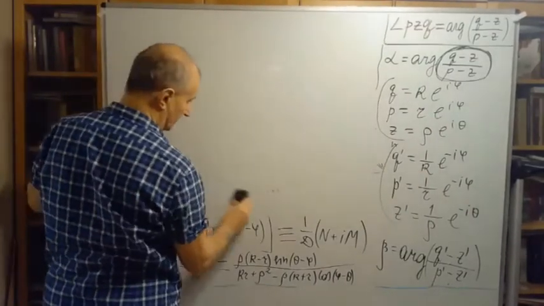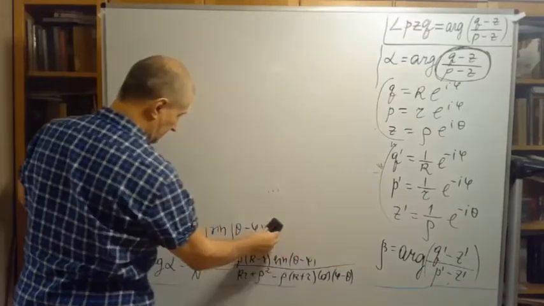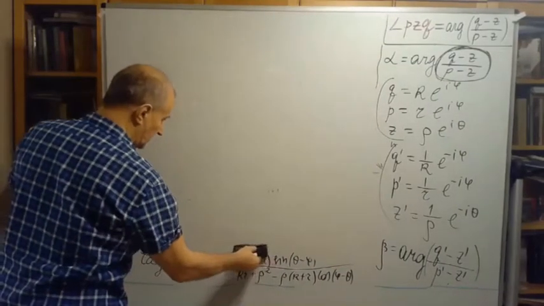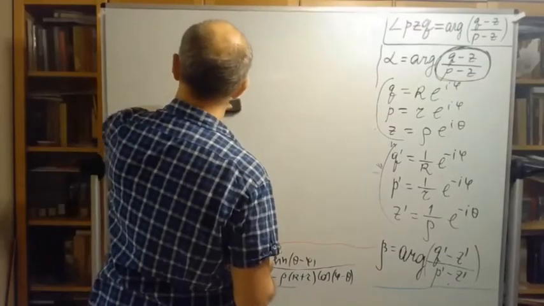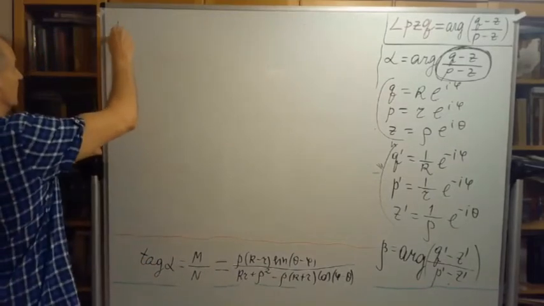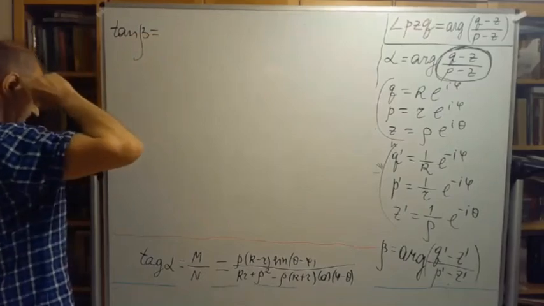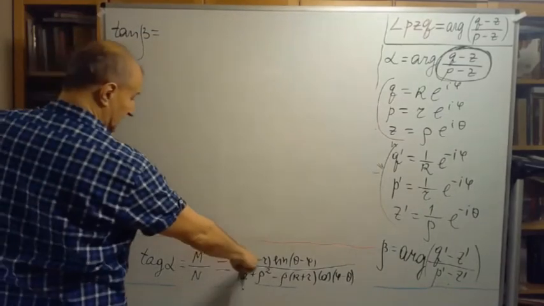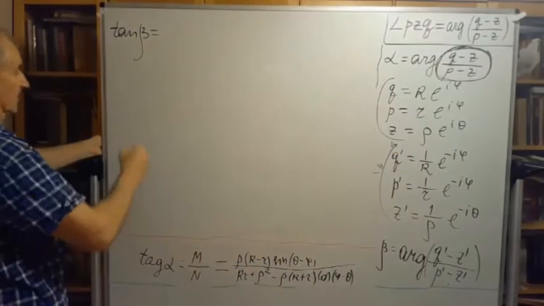So what will be, I don't have to repeat the whole calculation. We'll do the same, but I will just use the tangent alpha expression to write tangent beta, because I can just replace these numbers with what they have become after inversion.